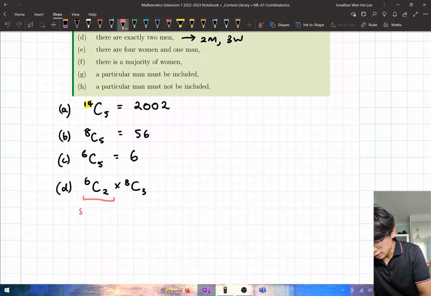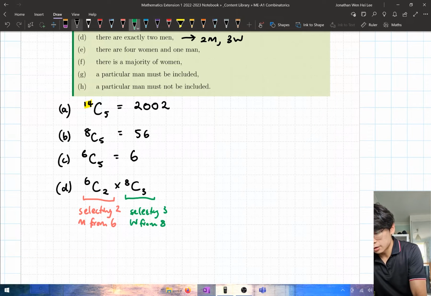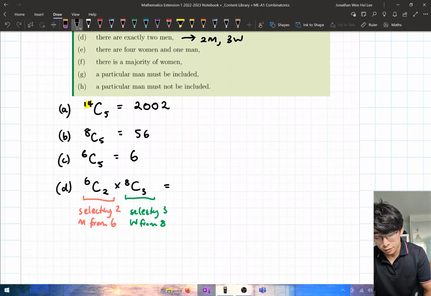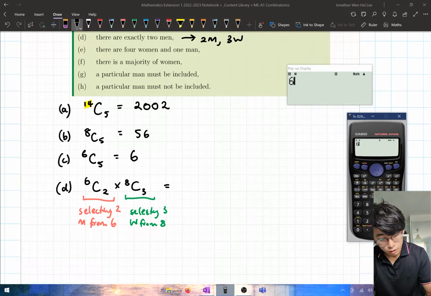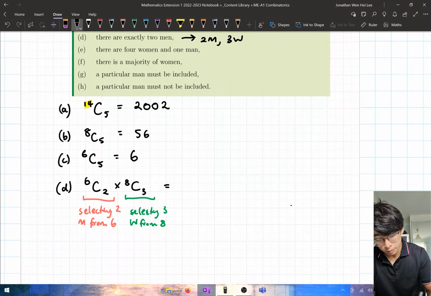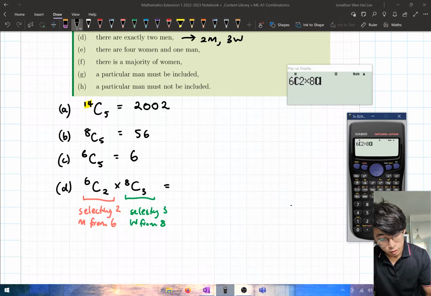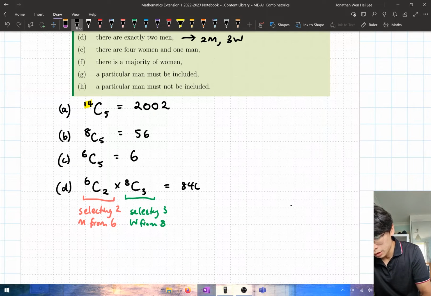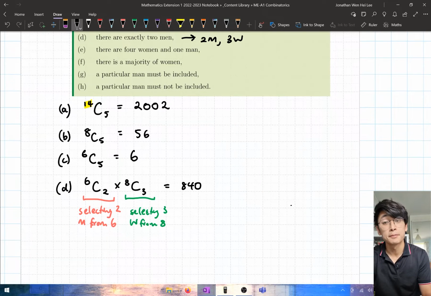So this is selecting 2 men from the 6, and then this second part is selecting 3 women from the 8. And so here, this is going to be 6 choose 2 times 8 choose 3. There we go. So that means there's 840 possible selections that we can make for this one here.